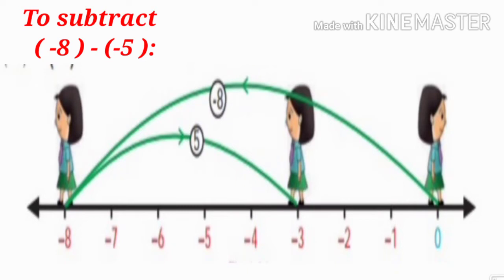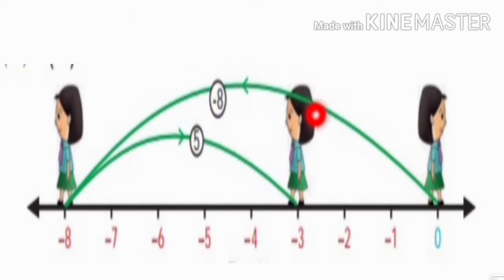Subtracting minus 5 from minus 8. Draw a number line and mark 0 and negative integers corresponding to the given values. Here the first operand is minus 8, which is a negative integer. So we have to move 8 steps backward from 0 to represent minus 8. Next, for the subtraction sign, turn to the negative side and then see the second operand.